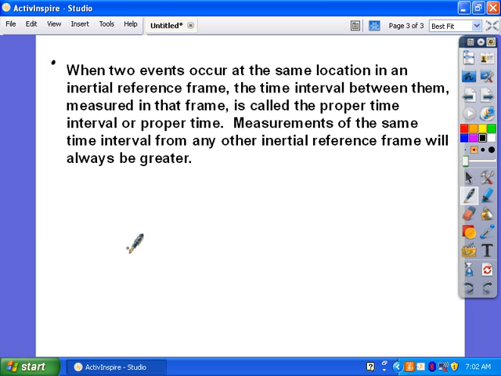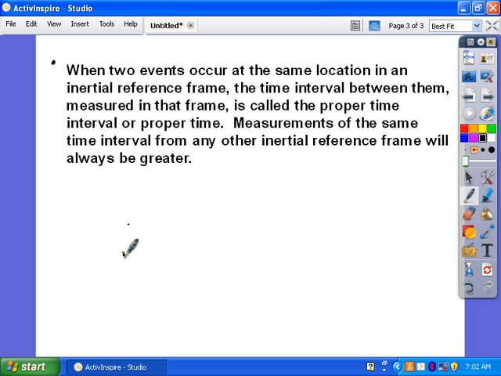Alright, so let's say that you have a flash of light here, and then a few seconds later that flash of light bounces off of a mirror and comes back down. Those two events are occurring at the same location in some inertial reference frame. That means that in the frame in which it happened, that is going to be the shortest time interval that can exist.